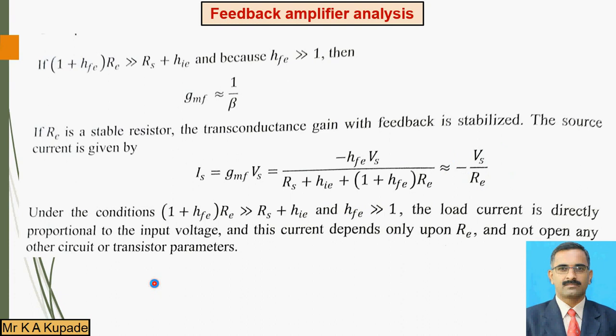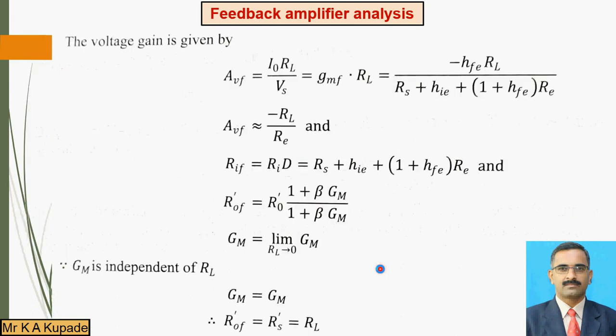Now, under the condition that 1 plus hfe into RE is far greater than Rs plus hie, and hfe is far greater than 1, the load current is directly proportional to the input voltage. And this current depends only upon RE and not upon any other circuit or transistor parameter.